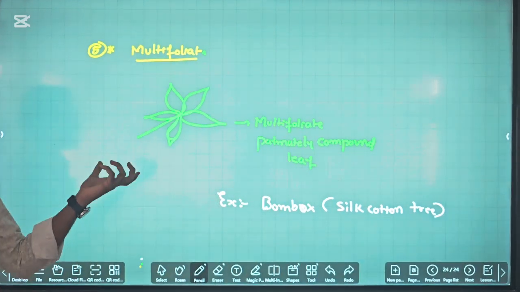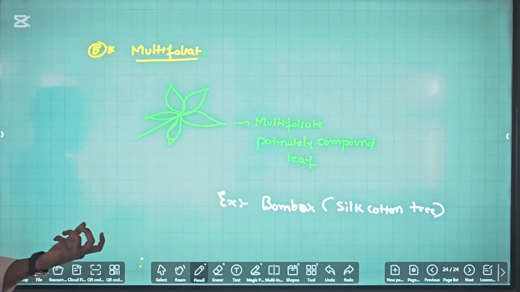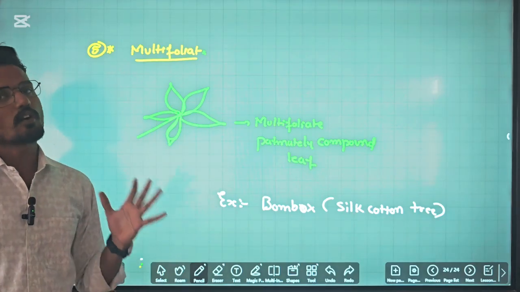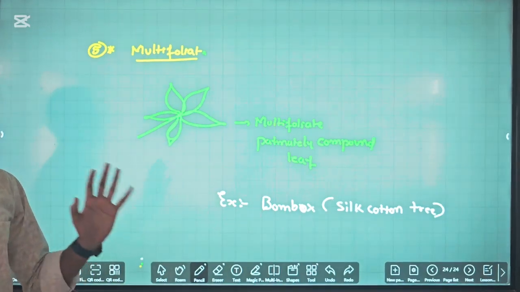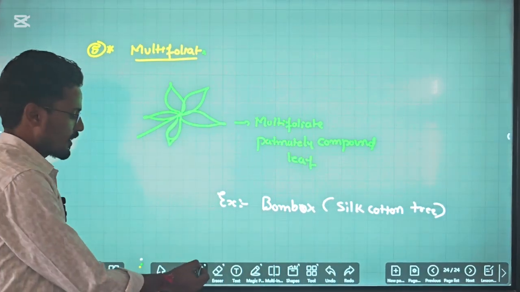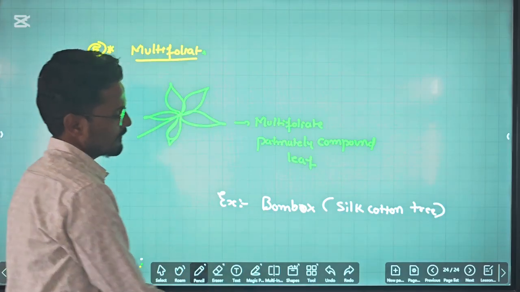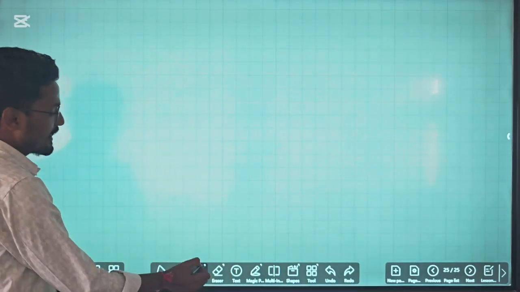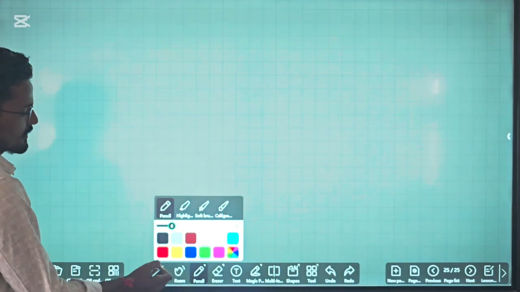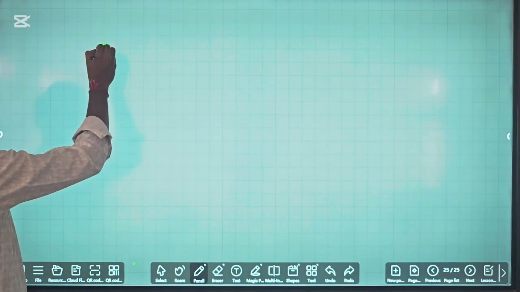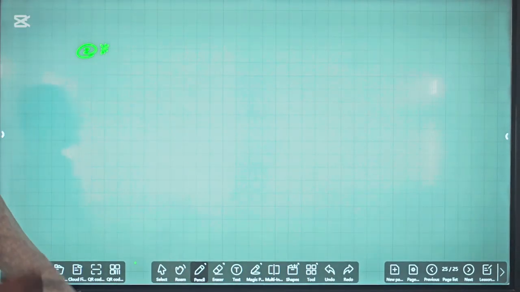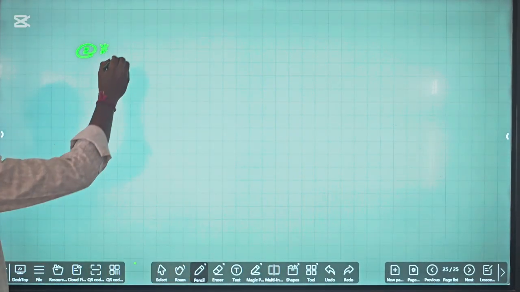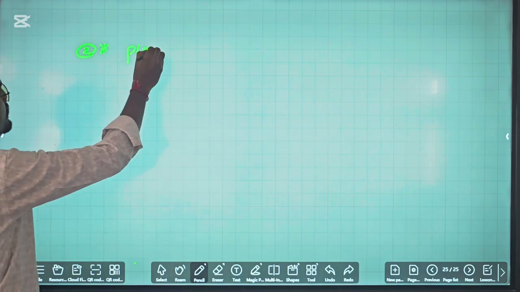In that we can see this multifoliate leaf. So up to here we have completed the palmately compound leaf. There is another compound leaf, the second type of compound leaf, that is the pinnately compound leaf.